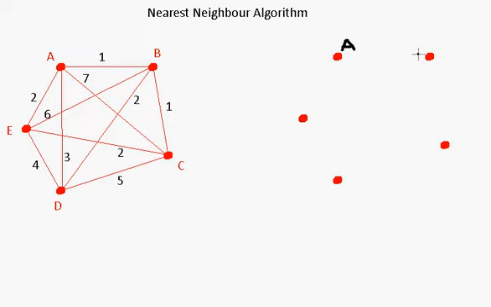That's A, B, C, D, and E. Say we're going to start at A. You will be told which vertex to start at in the exam. But the method will work starting at any vertex, just like Prim's did.